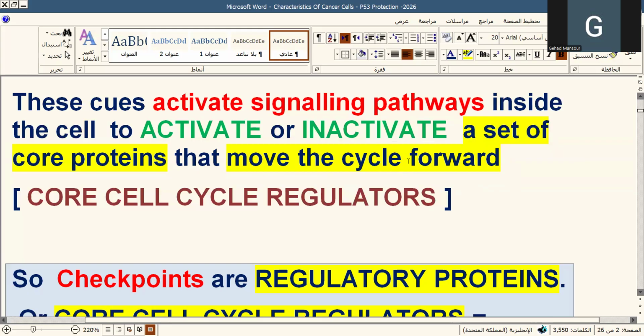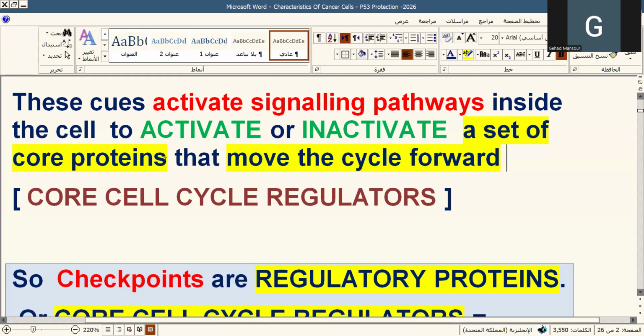Because regulation is not only about stimulation, but it's stimulation under certain conditions when there is a need for the cell cycle to be stimulated, and inhibition under other conditions when there is a damage or a mutation or an abnormality.